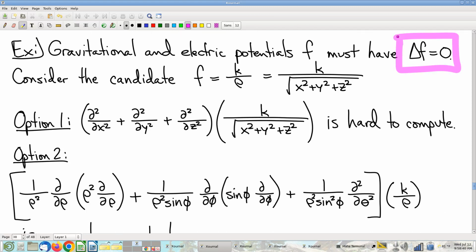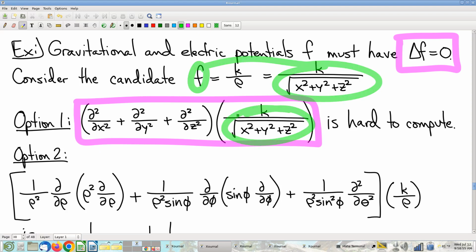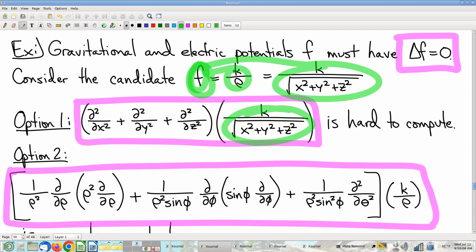And here then is Laplace's equation applied to this function right here. Color changes. This function f, written in rectangular coordinates, Laplacian in rectangular coordinates. And now here again is the same Laplace's equation now applied to the same function f, just now written in spherical coordinates.